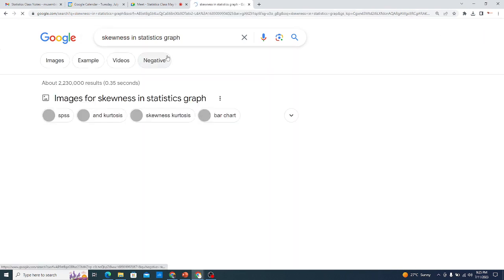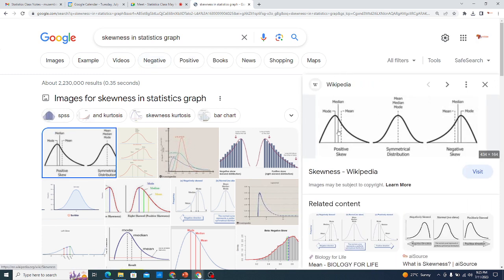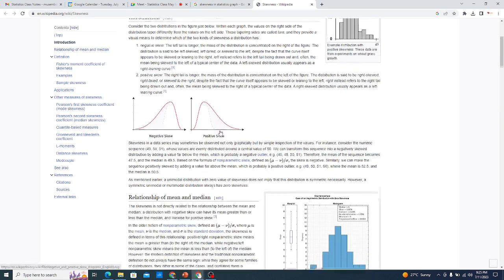Graphs will help much. So let's start with the positive and the negative skewness.